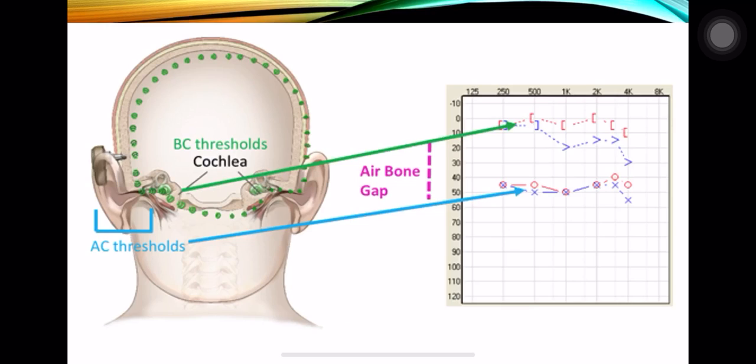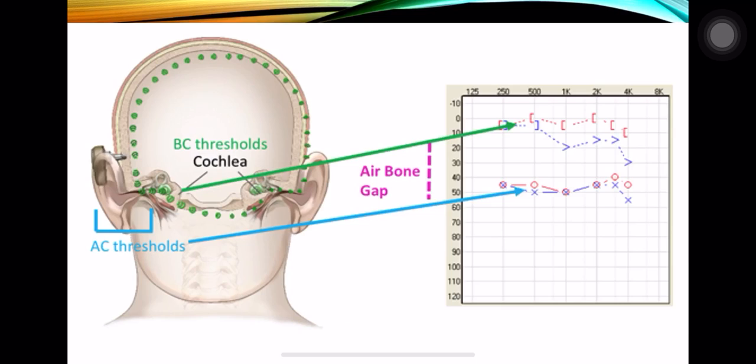There is hearing loss. Okay, so bone conduction denotes sensorineural pathway. So sensorineural pathway is normal, but in air conduction, there is a defect. So it indicates conductive hearing loss of right ear. So same thing with left ear also.